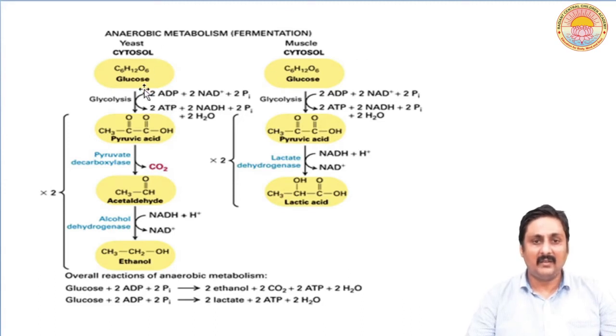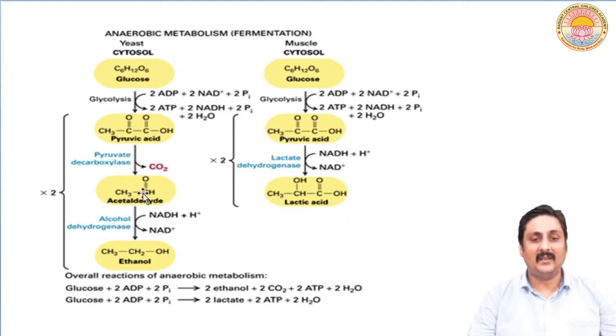Now here we compare the formation of ethanol as well as lactic acid. In the case of ethanol, glucose gets converted into pyruvic acid and later on to acetaldehyde, for which an enzyme called pyruvate carboxylase is used, as we have seen earlier.